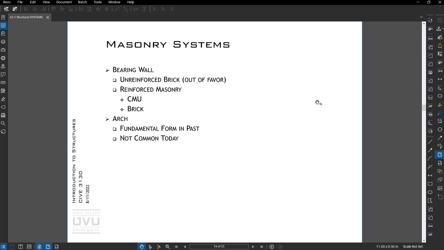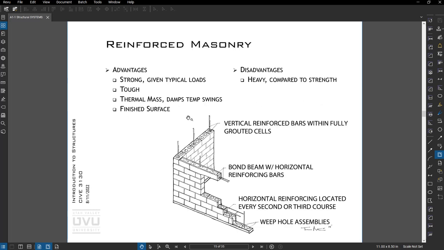All right, so looking at masonry, typically most structural masonry is made out of reinforced concrete masonry unit these days. Some of the advantages and disadvantages are listed here. You can read those.